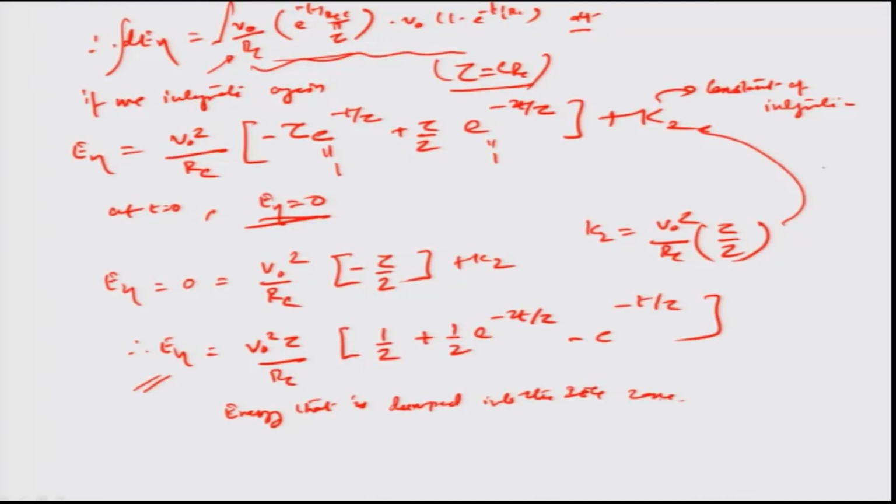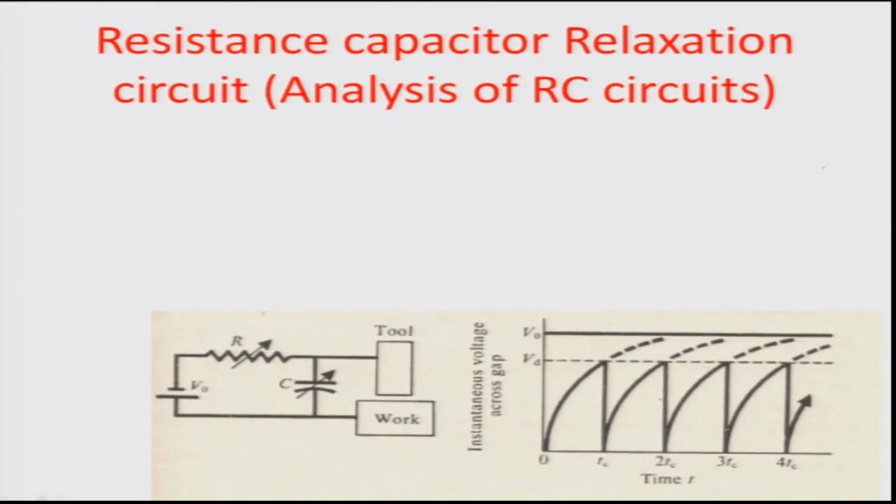Okay. So, obviously, we would like to get some kind of an average power based on the division of this energy by the time for which this energy is dumped, or we can say the time for which energy En is delivered to the discharging circuit.